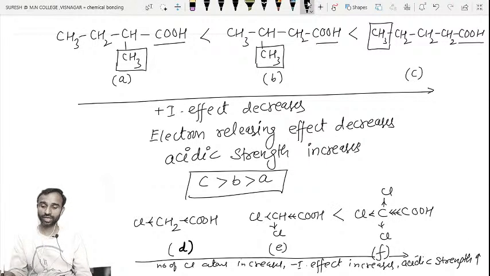That means trichloroacetic acid is more acidic than dichloroacetic acid, which in turn is more acidic than monochloroacetic acid, right?